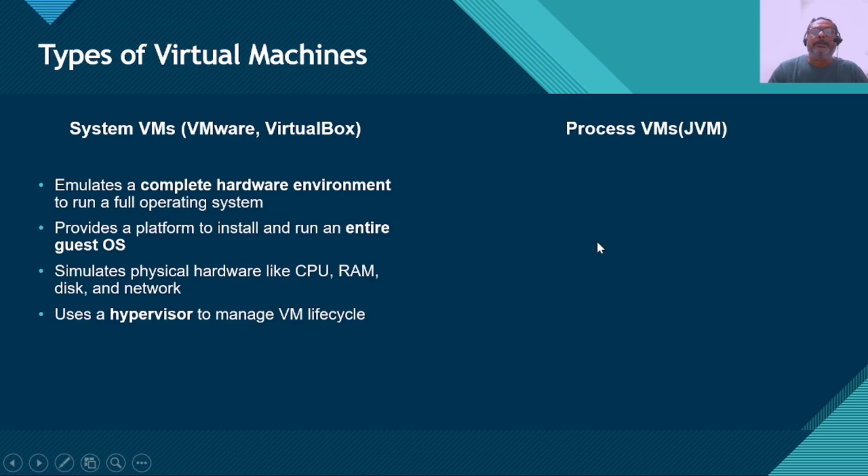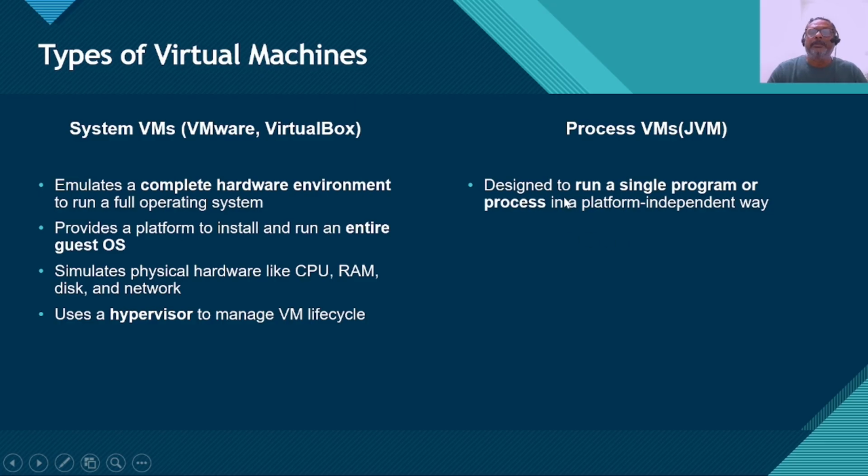Then we have another type of virtual machine, the process virtual machine, which is commonly used in Java virtual machines, where it is designed to run a single program or process in a platform independent way. That means we don't bother about what platform we are working on.